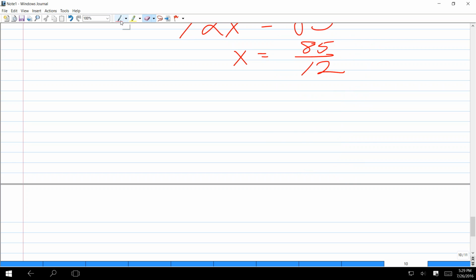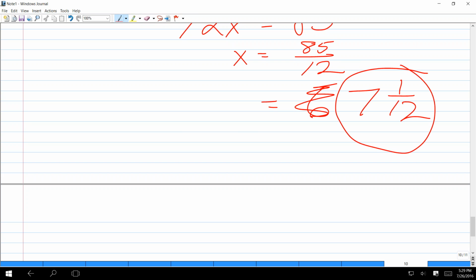I could turn it into a proper fraction. In other words, I could divide 12 into 85, and what do I get? I get 6, I get 7 and 1/12. Okay? That turns it into a proper fraction. But there's almost never a need to do that. This is always my answer I'm submitting on a test.